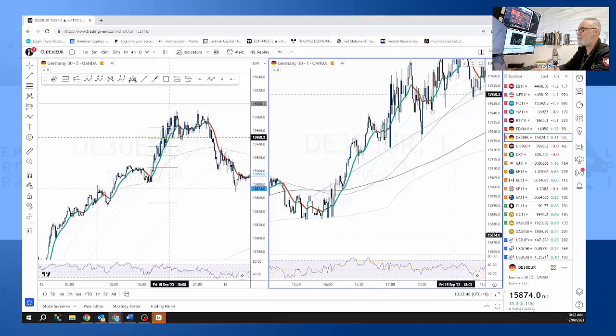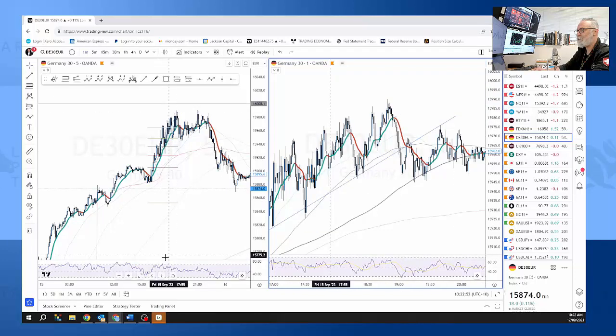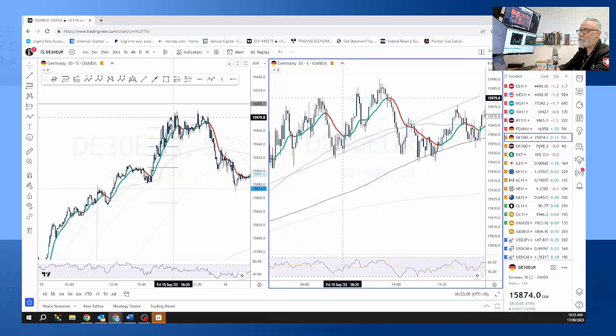But you can see here now it's starting to slow down. Divergence is pretty obvious there on the RSI. So therefore we could probably start selling. Now what we can do is go down. It's not really giving us anything here, but we do notice that this thing's slowing down. So you can go short.